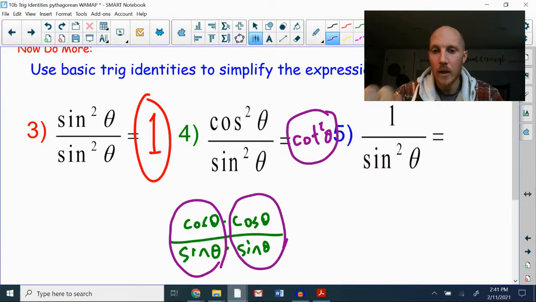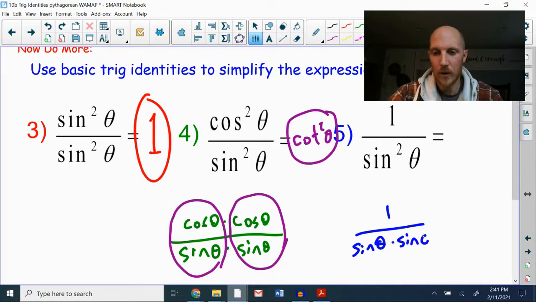Last one, number 5 here, 1 divided by sine squared of theta. Again, it may be helpful if we expand sine squared of theta to sine of theta times sine of theta. It might also be helpful if we recognize that the 1 in the numerator may very well have come from 1 times 1. Whether it did or it didn't is actually immaterial.